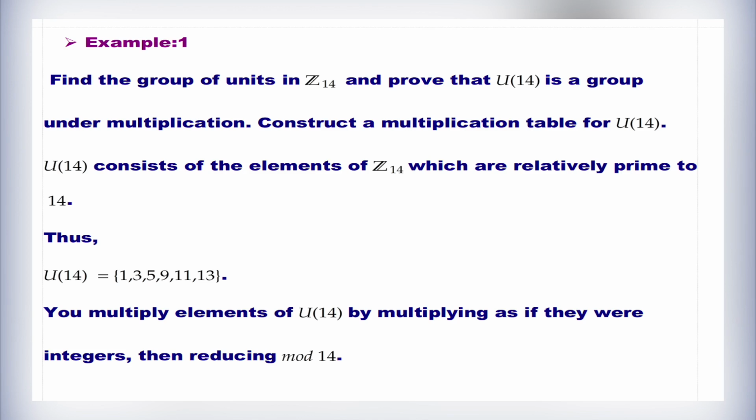Thus, U(14) = {1, 3, 5, 9, 11, 13}. You multiply elements of U(14) by multiplying as if they were integers, then reducing mod 14.